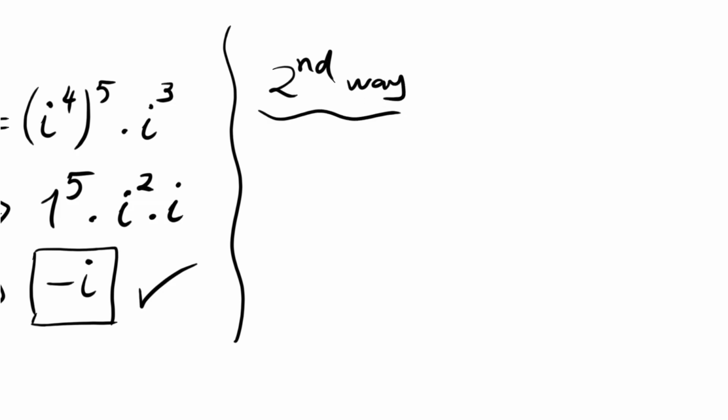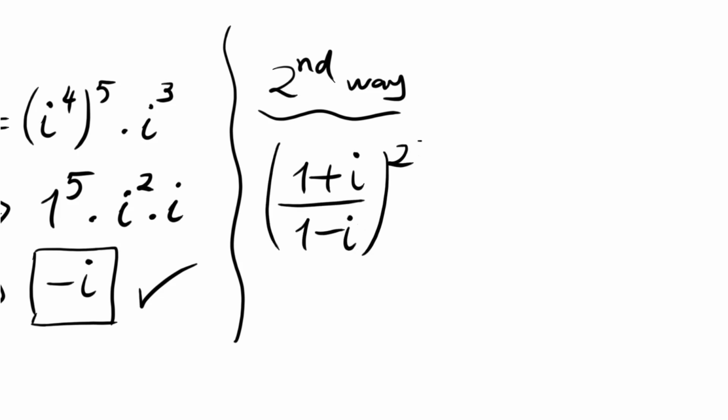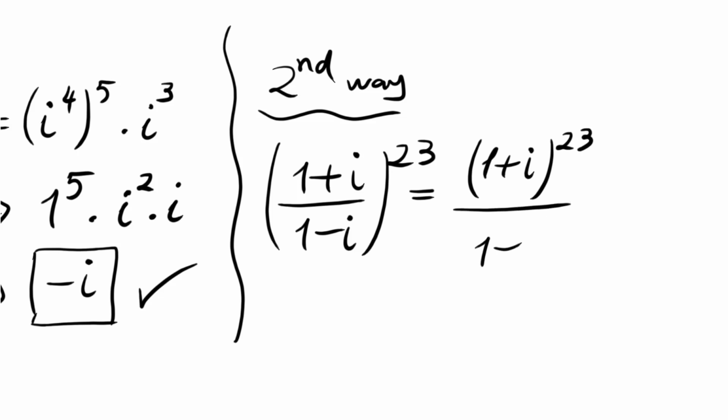You can also solve the question by that method. We have (1 + i) divided by (1 − i), and this is raised to the 23rd power. We can separate and write (1 + i) raised to the 23rd power divided by (1 − i) raised to the 23rd power.